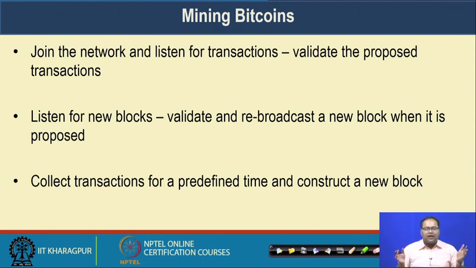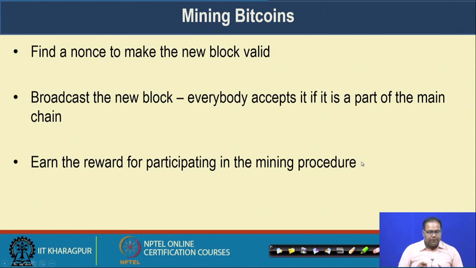Then collect the transactions for a predefined time and construct a new block with those transactions, the transactions which are not already included in the blockchain. So, as a miner you take those transactions and construct the new block. Then your task is to participate in the mining procedure, where you have to find a nonce to make the block valid by utilizing the predefined difficulty function.